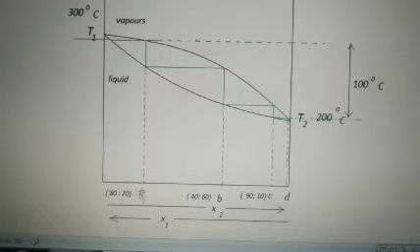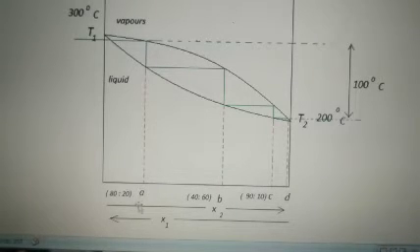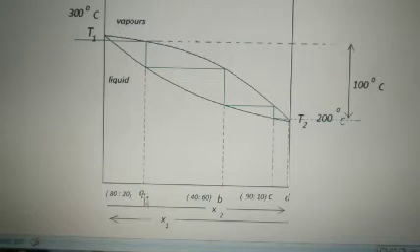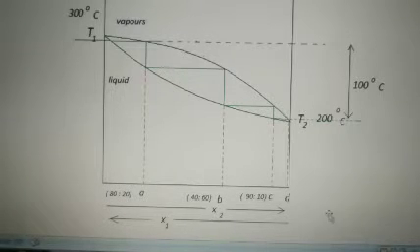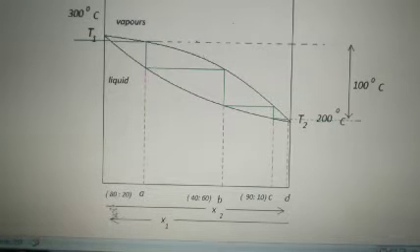About point A, I can assume only, not exact, that it is 20% B. B means the second component. At point A, I am saying of x2, not x1, the second component. So the second component is 20%, or the mole fraction is 0.2.